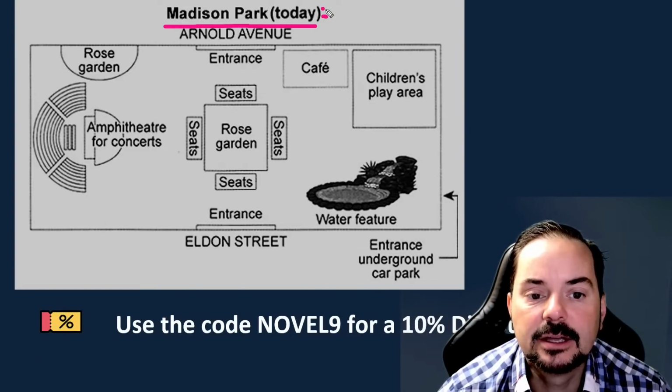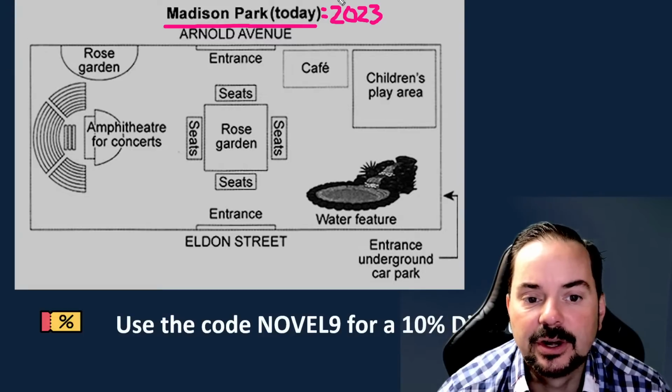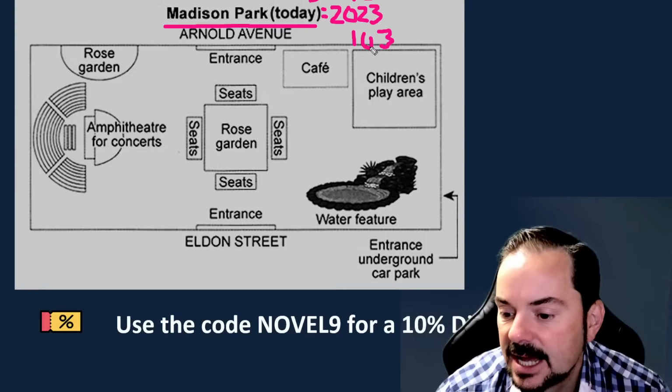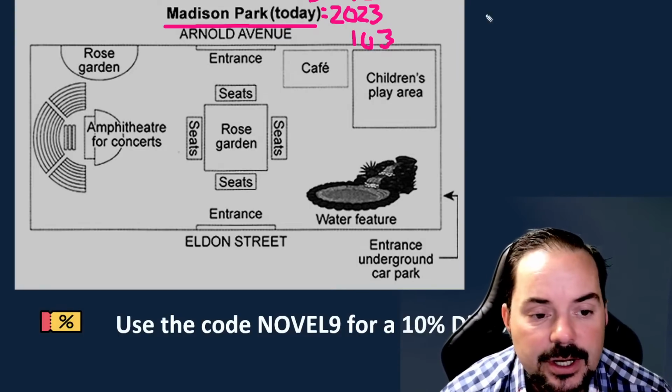While today, of course, in this case would equal 2023. And just a little bit of quick simple math here. 1920 minus 2023 equals roughly about 100 years, 103 to be exact. So more or less roughly a century ago.